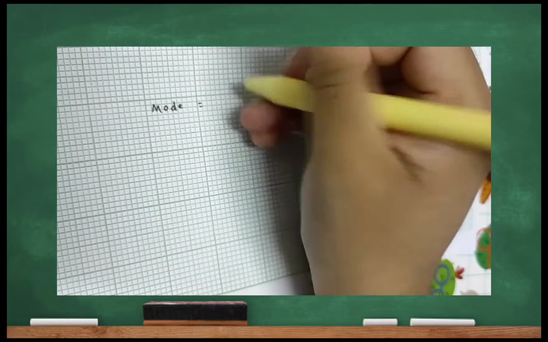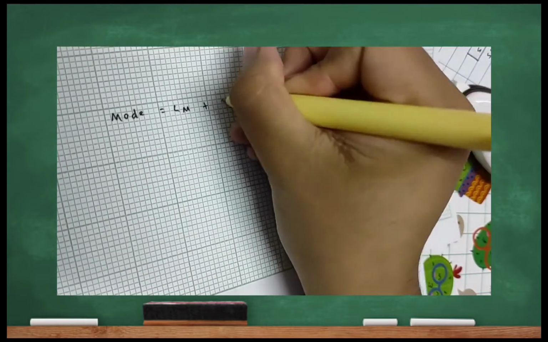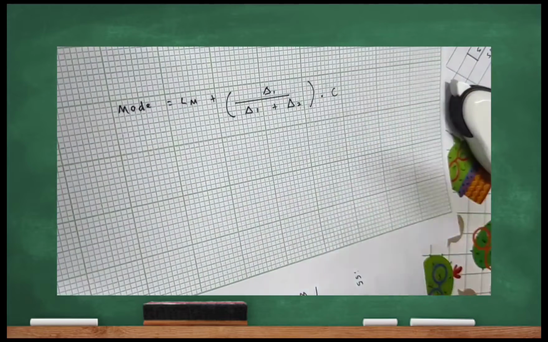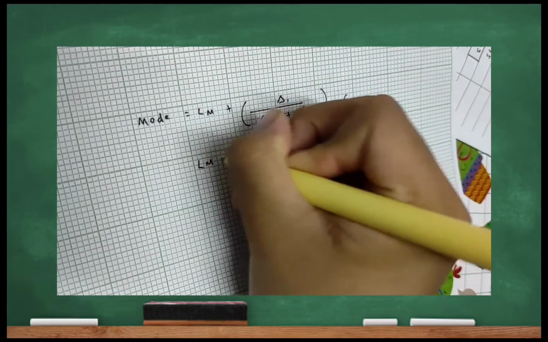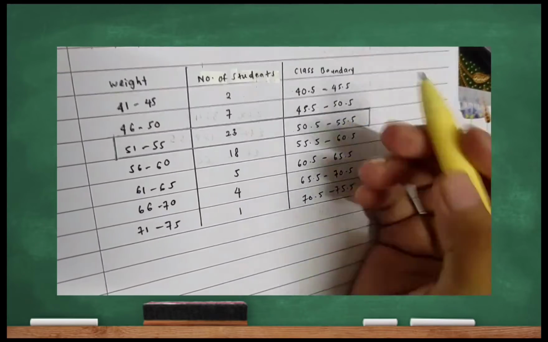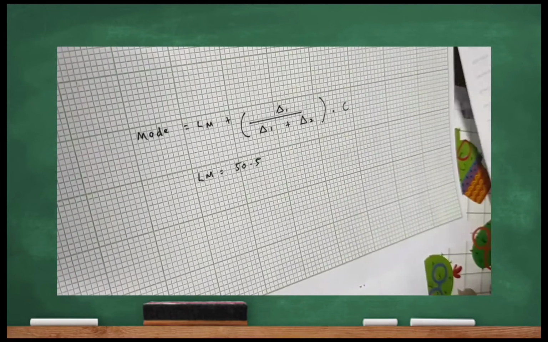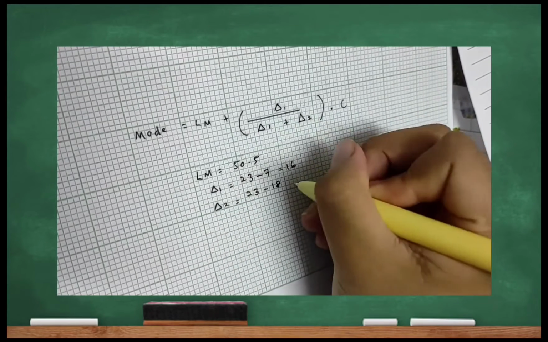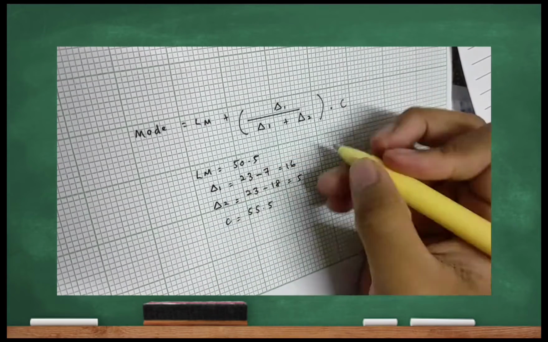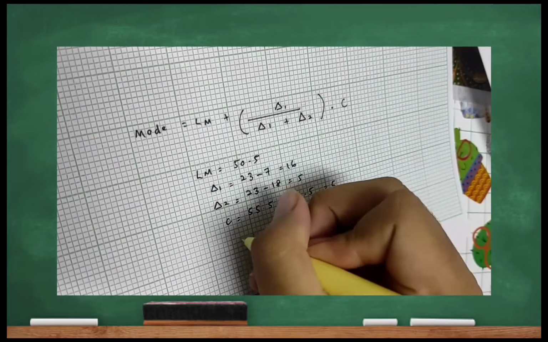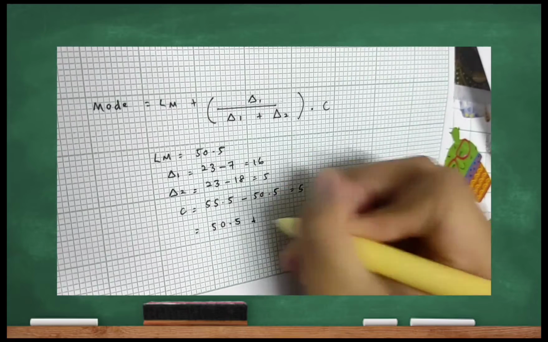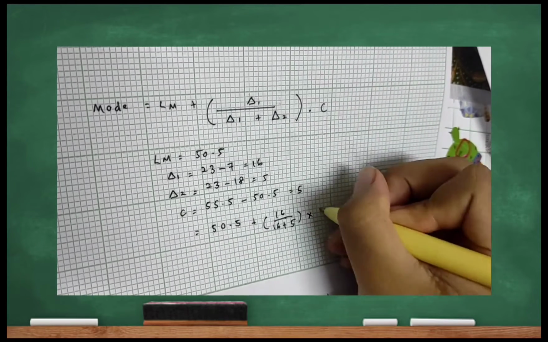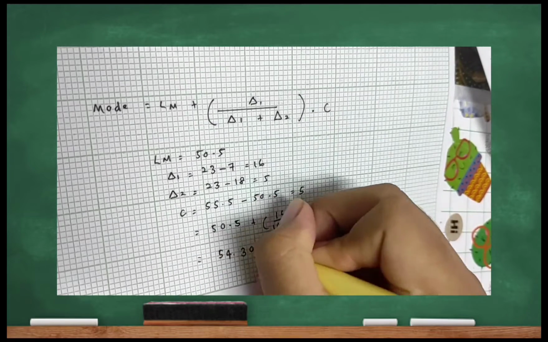Next, we write down the mode formula. So, the mode of the histogram is 54.30.